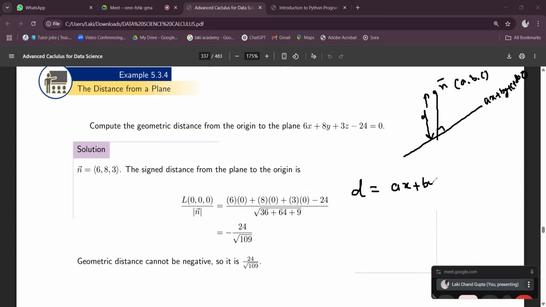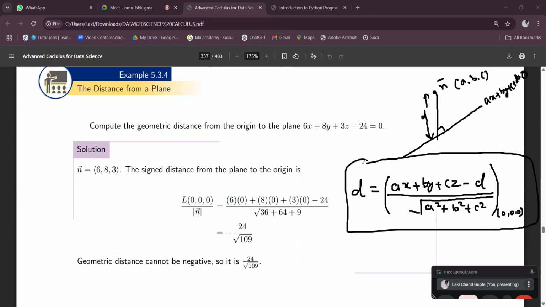Ax + by + cz minus d over square root of a square plus b square plus c square, at 0, 0, 0.